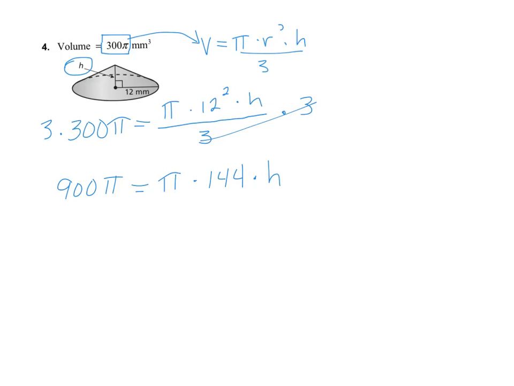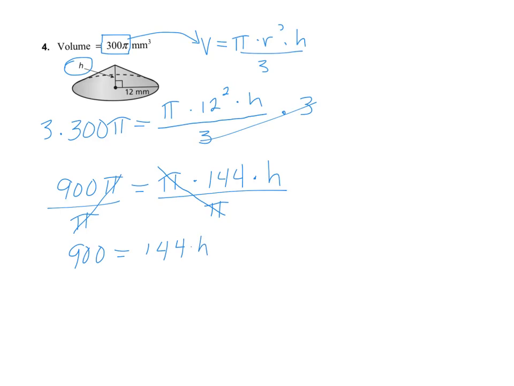Now, we can divide both sides by pi, and that actually makes it kind of easy. We get rid of those, and we get rid of these. So now we have 900 is equal to 144 times h.